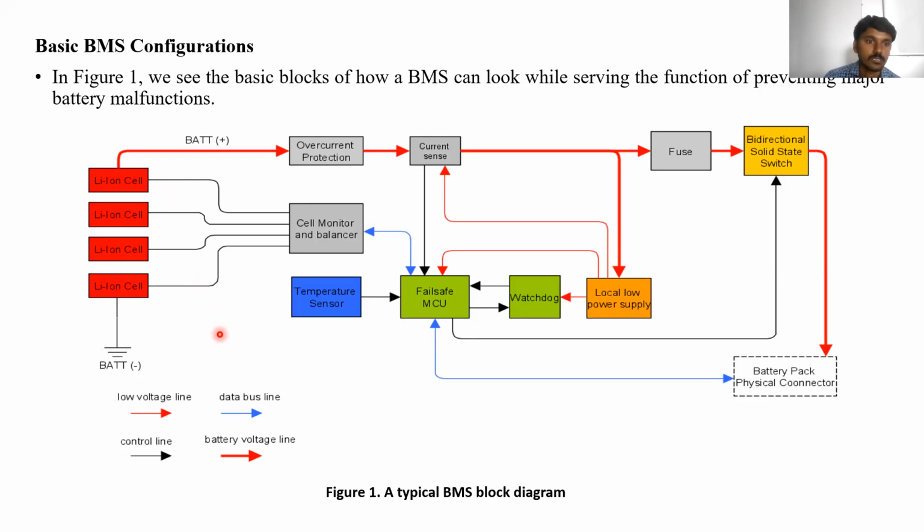That's why it is the responsibility of the battery management system to monitor the voltage and current levels of each cell in the battery, and each cell should share equal voltage and current levels. This is also a responsibility of the battery management system.